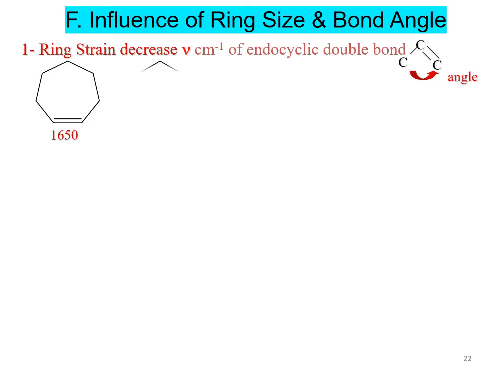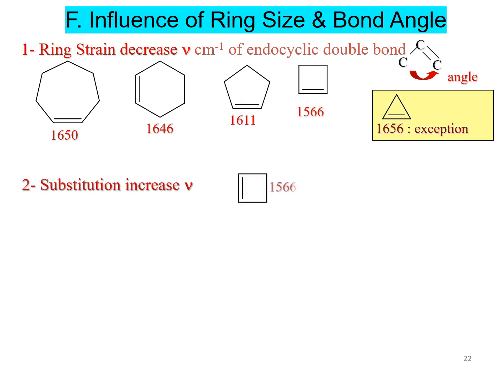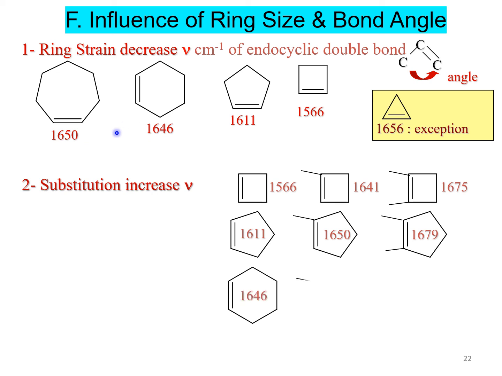Now the last one, the influence of ring size and bond angle. If we go from the larger to the smaller ring size, that is the 7-member, 6-member, 5-member and 4-member ring, we see a decrease in the frequency: 1650 in the case of heptene, 1646 in hexene, 1611 in pentene, and in the case of butene only 1566.